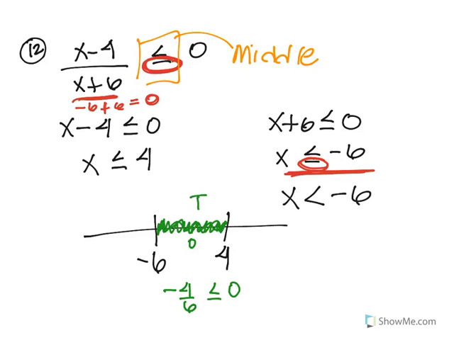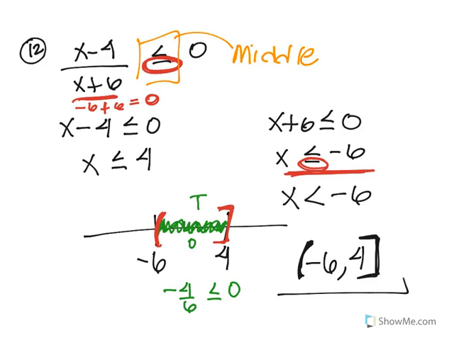But the issue is going to be bracket versus parenthesis. Negative 6 must have a parenthesis on it, and 4 carries the bracket. So your interval notation would be parenthesis negative 6, comma 4, bracket.